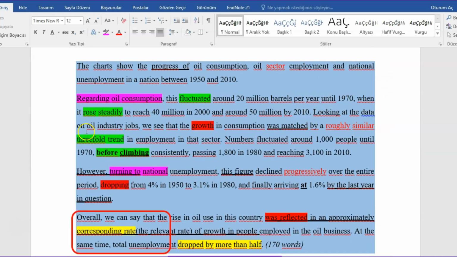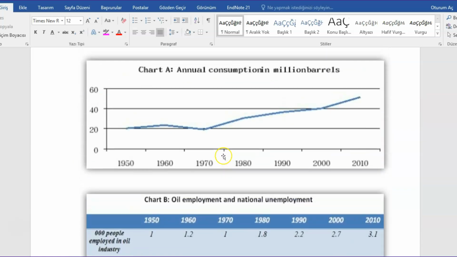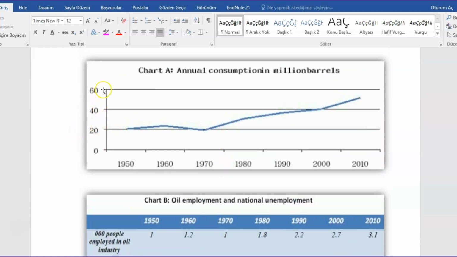Looking at the data on oil industry jobs, we see that the growth in consumption was matched by a roughly similar threefold trend in employment in that sector, right? Three times increase.